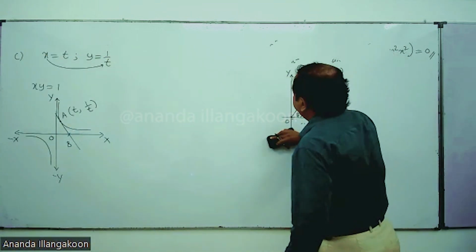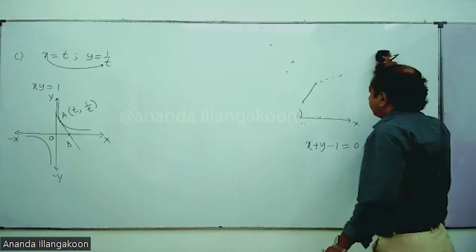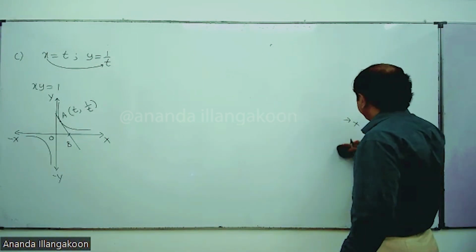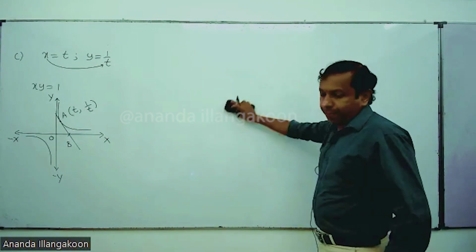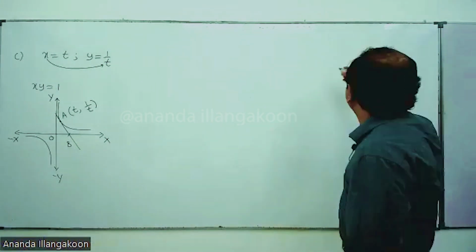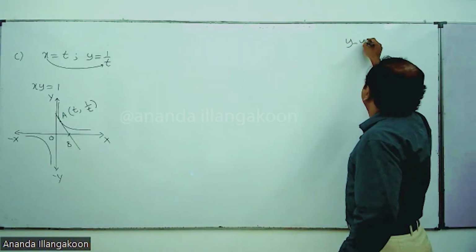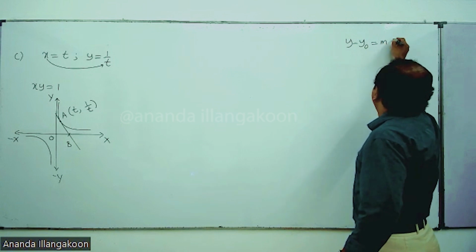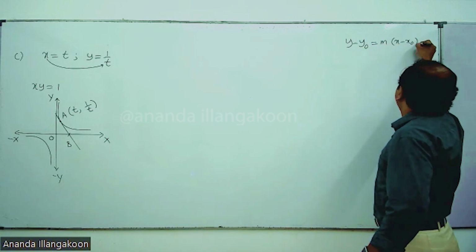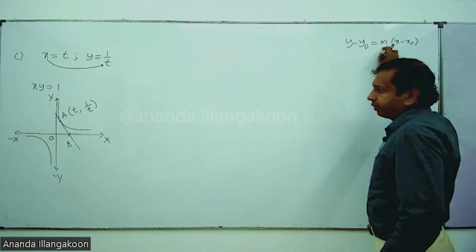I can find this AB equation like this. First, I'll remind you of the way of finding this equation: y minus y naught equals gradient times x minus x naught. Then we have to find the gradient.